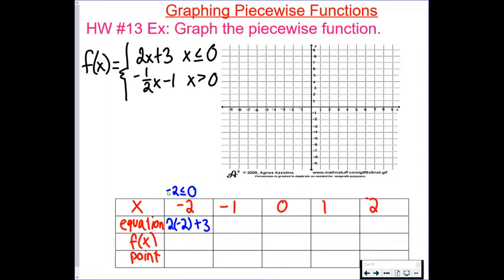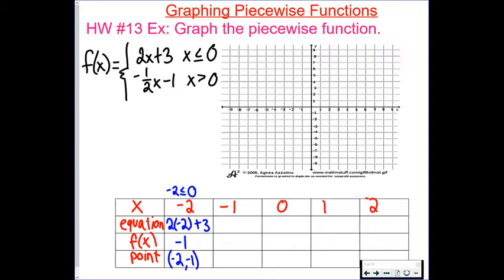My f of x: 2 times negative 2 is negative 4, plus 3 is negative 1. And then putting the two together, my x value was negative 2, the y was negative 1. Okay, so all that is just taking what we know and plugging it in for what the x value is, and then getting the y and writing the ordered pair.